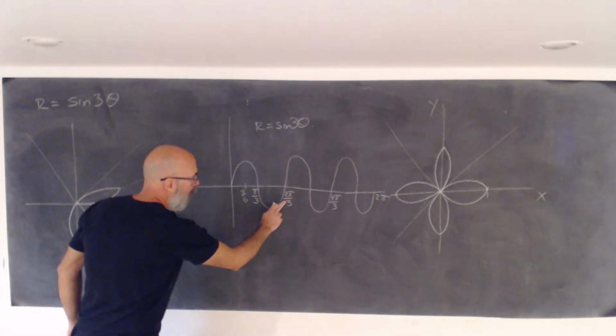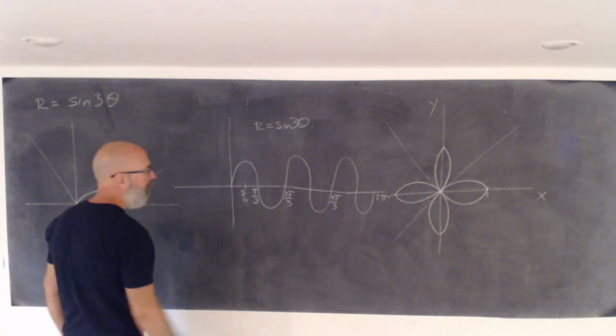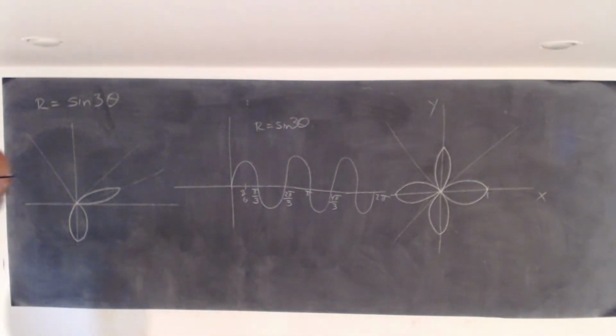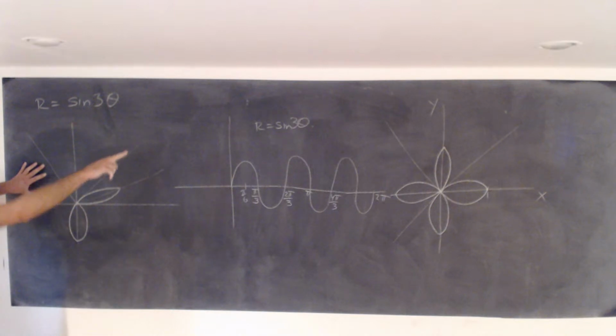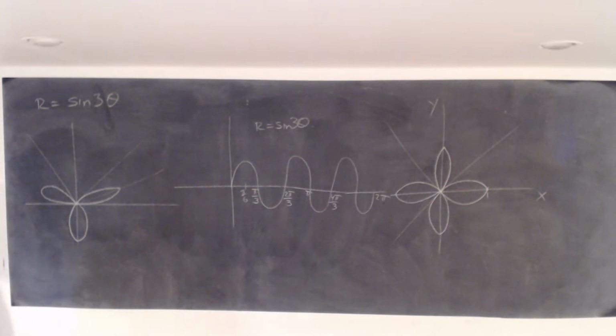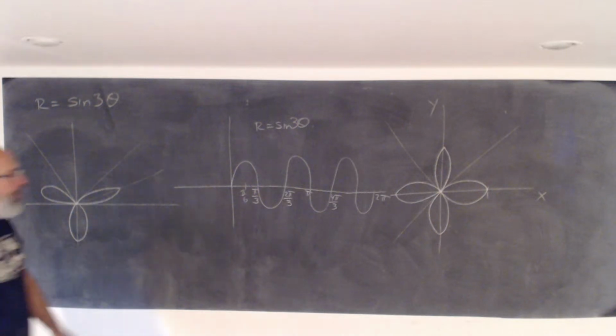And then between 2 pi over 3 and 3 pi over 3, which is pi, so in here, that is positive. So it goes from 0 to 1, back down to 0. Now you're at pi.